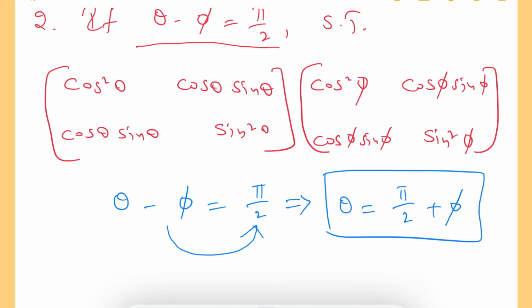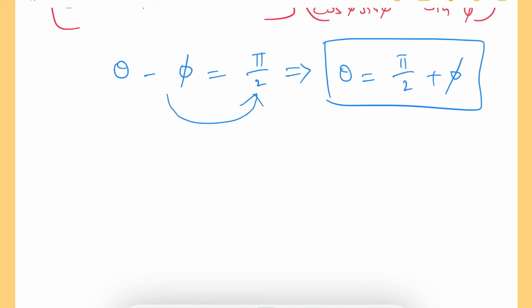In the given question we have cos as well as sine only. So let us find the value of cos theta as well as sin theta.